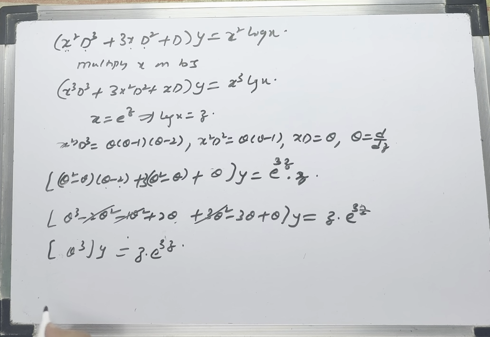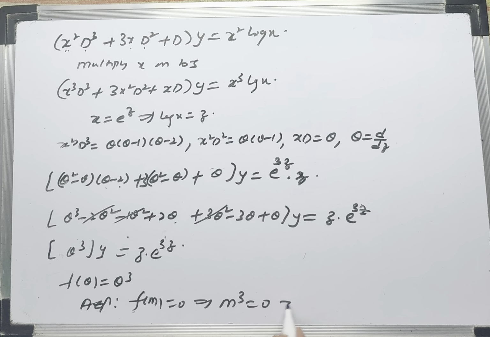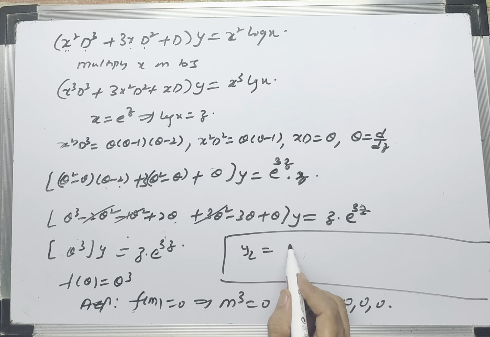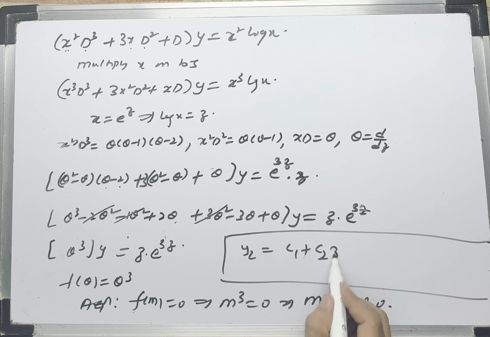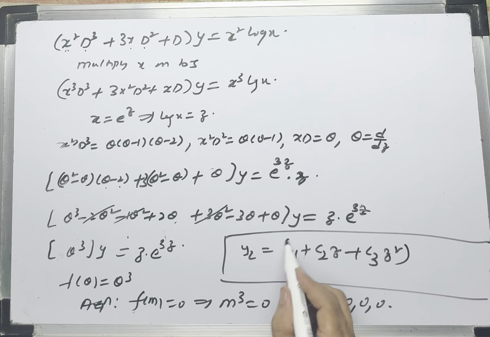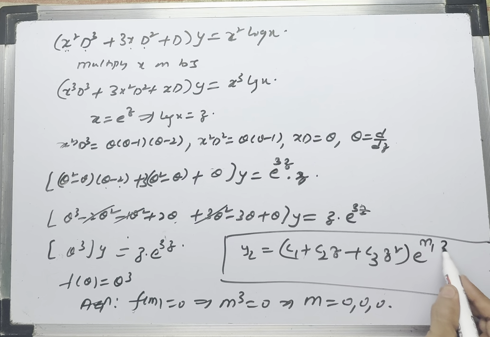What we have now? f of theta equals theta cube, auxiliary equation is f of m equal to 0 implies m cube equal to 0. Cube means 3 values. All the 3 are zeros. So yc equals c1 plus c2 x, x is z now, c3 z square into e power m1 z.